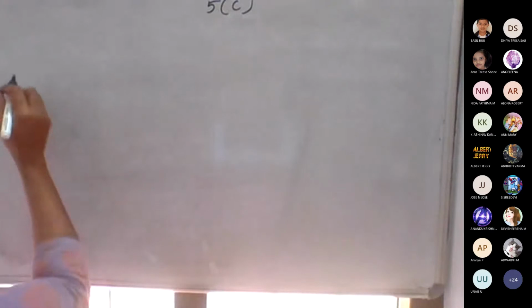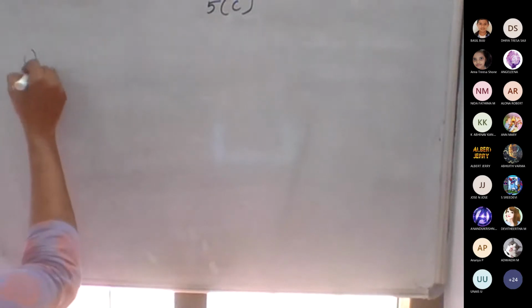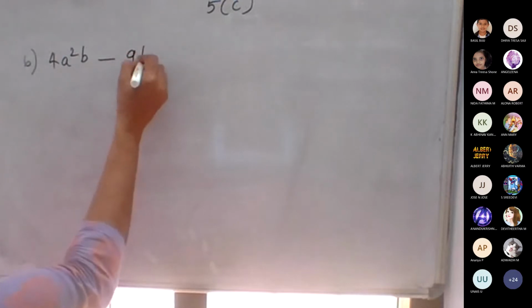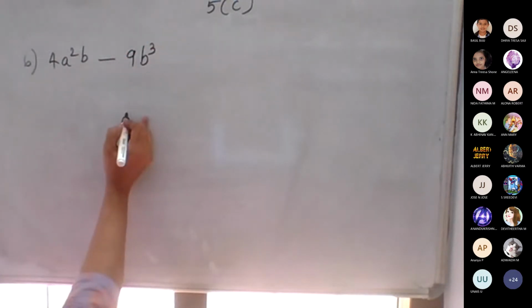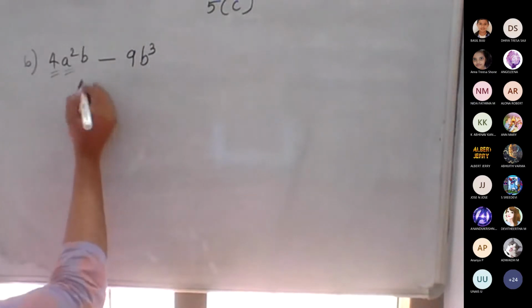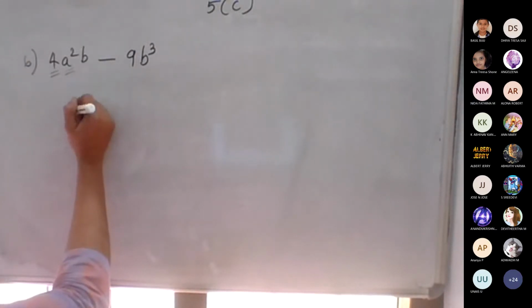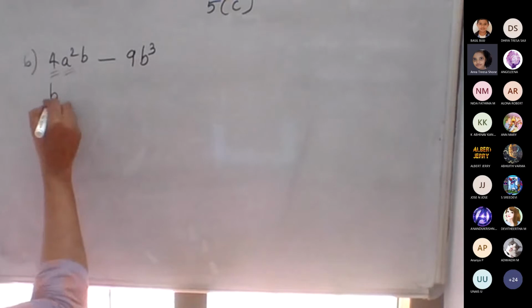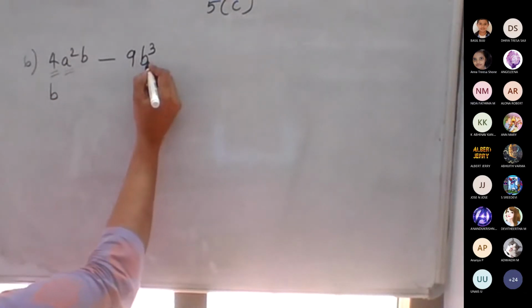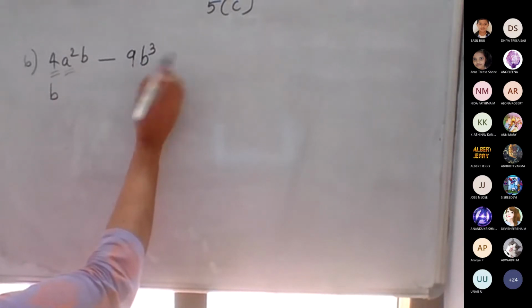We need only the square form, so what we don't want we can take outside. 4 no problem, a square no problem, but b we don't want, because here b cube and there one b is extra. No problem with this 9; 9 means 3 square.